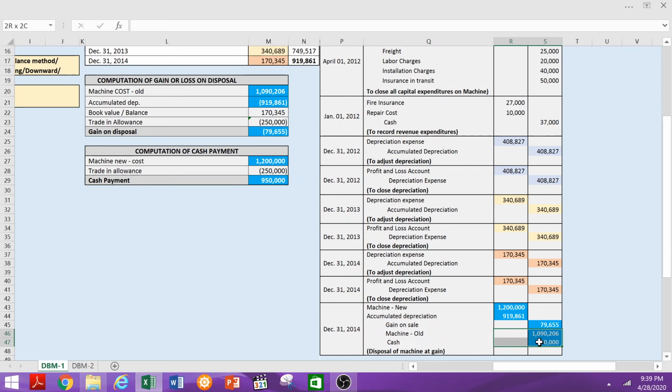So the basic rule of accounting of recording debit and credit: once an asset increases it is recorded at the debit side and when assets decrease they must be recorded at the credit side. Next, we are also closing accumulated depreciation by writing at the debit side, and gain is also calculated at the credit side. So hopefully this question is clear.